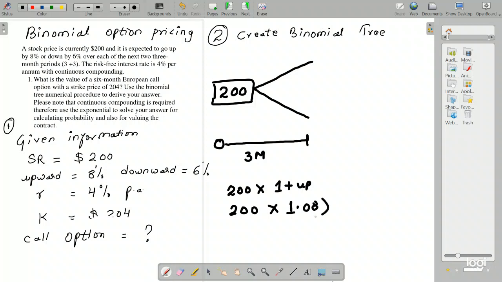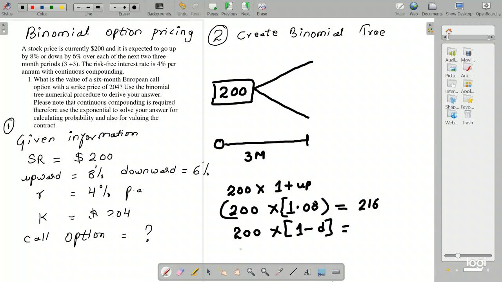So basically I wanted to know that if it is going to go up by 8%, how much will my new price, the spot rate, be? If I do a bit of calculation here, 200 times 1.08 gives you 216. Or if it is going to come down, then this is the situation, 1 minus down.